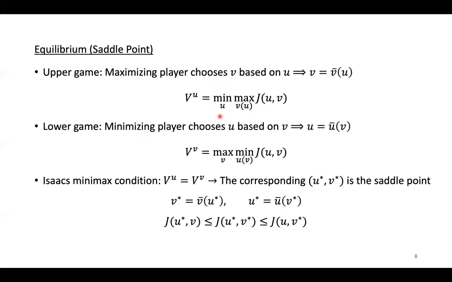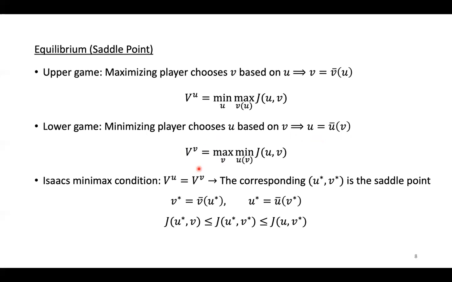And that is called the upper value. And similarly, in the lower game, it is vice versa. The minimizing player knows the input of the maximizing player, and then it picks its input as a function of the maximizing player's input, and you can define what is called the lower value for this lower game.